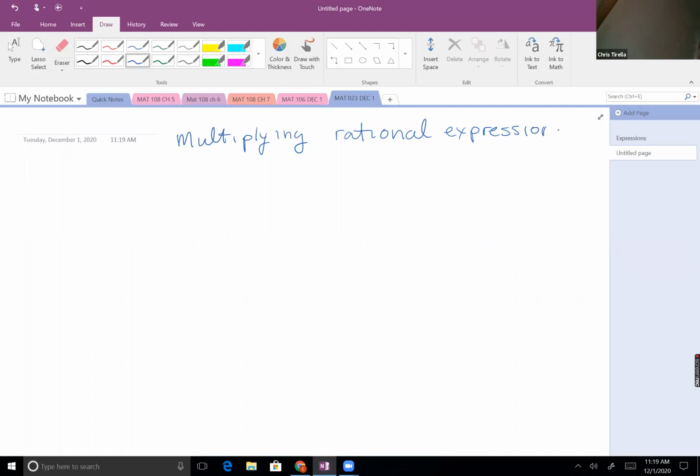And in terms of multiplying rational expressions, I want to just look at multiplying two fractions. Let's say, for example, I have something like 2/3 times 5/7.